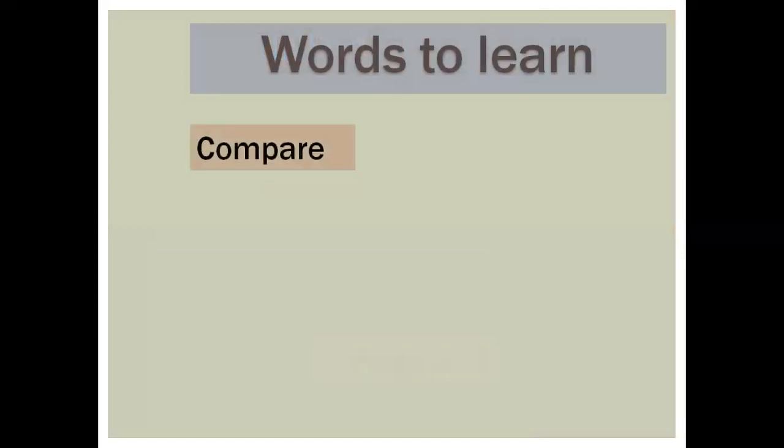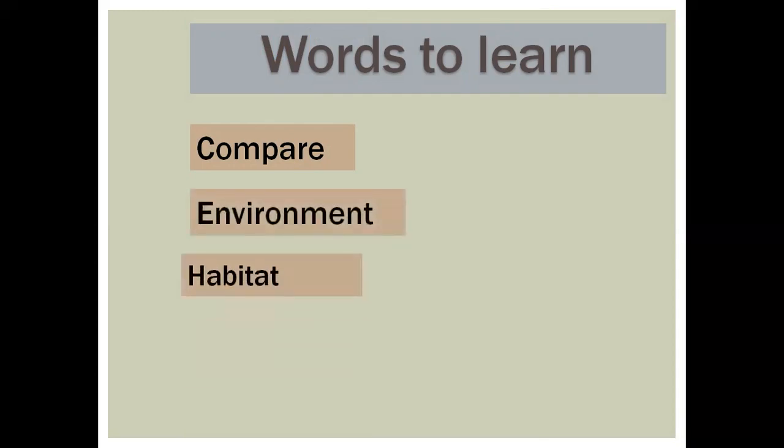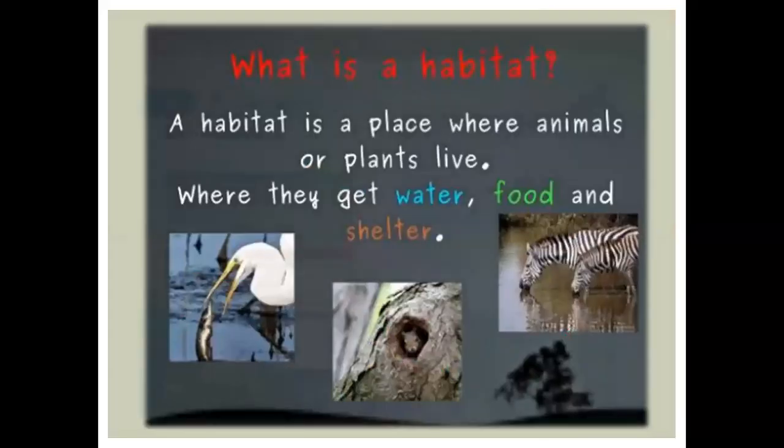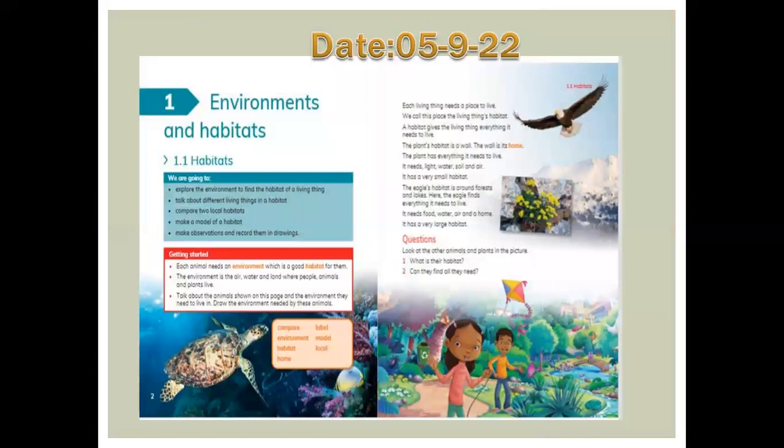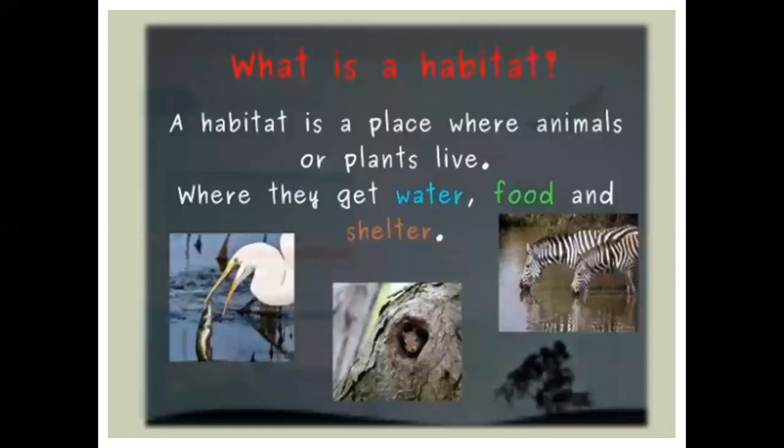In this lesson, we are going to learn some vocabulary words: compare, environment, habitat, home. So let's see on the page: habitat. What is a habitat and what is an environment?